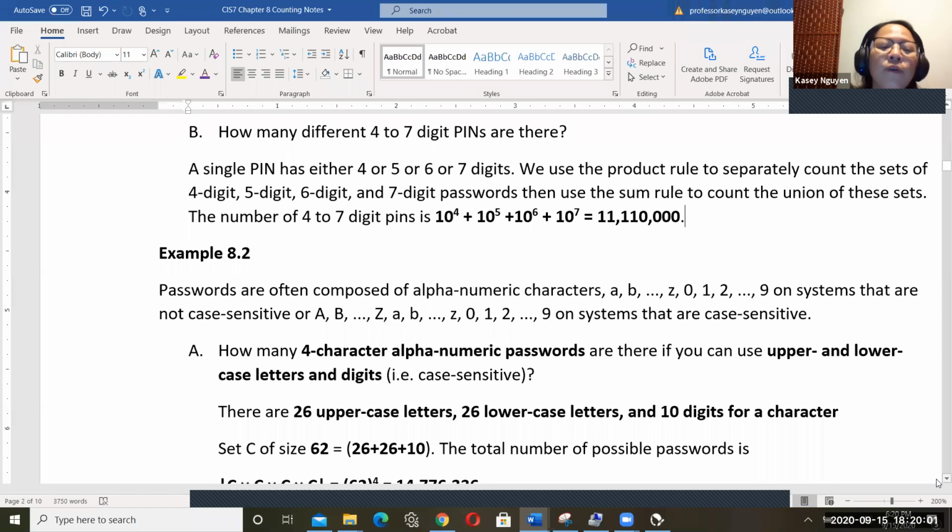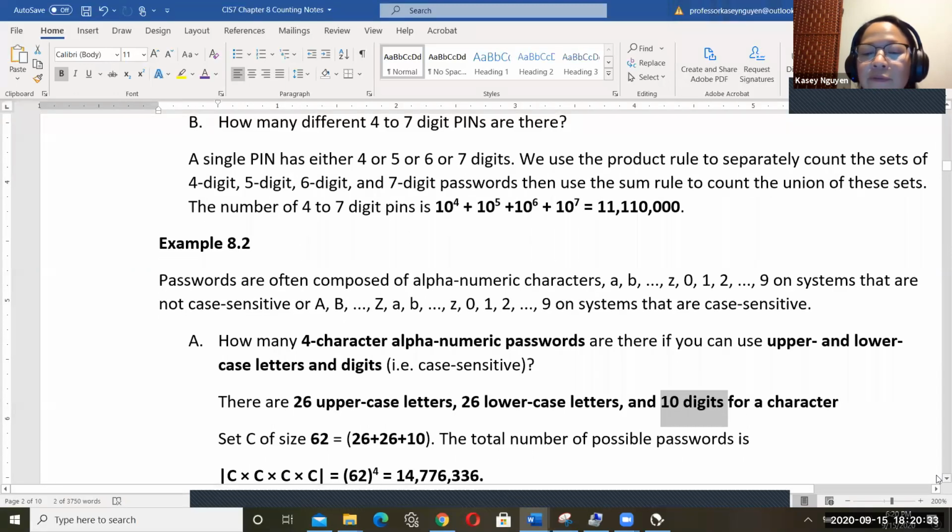For 8.2, question A asks, how many 4-character alphanumeric passwords can you use with upper and lowercase letters and digits? We know that there are 26 uppercase letters, 26 lowercase letters, and 10 digits, 0 through 9.